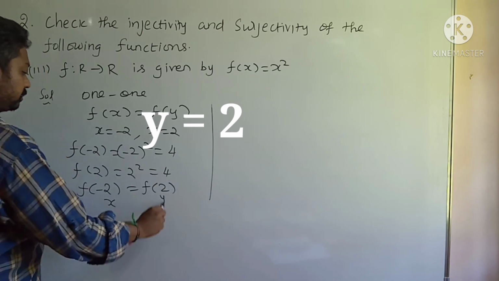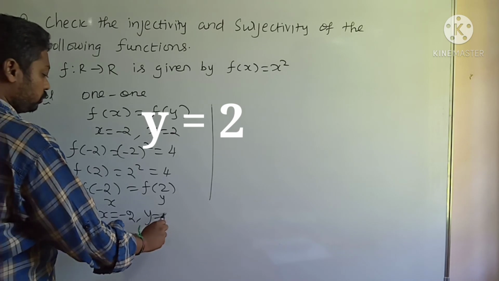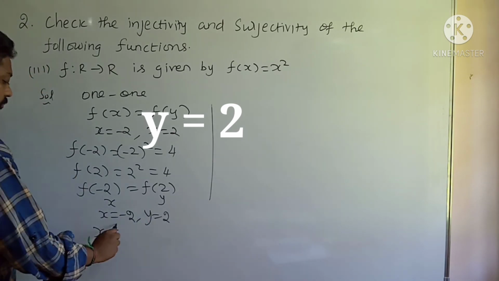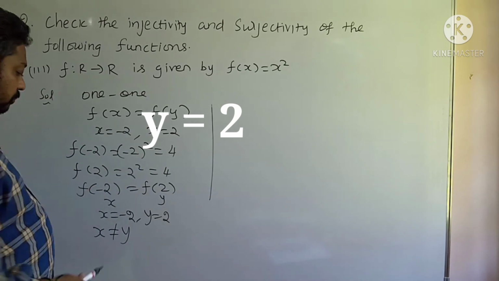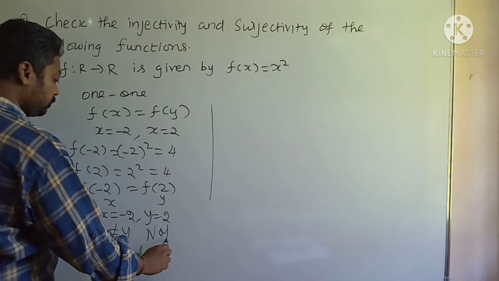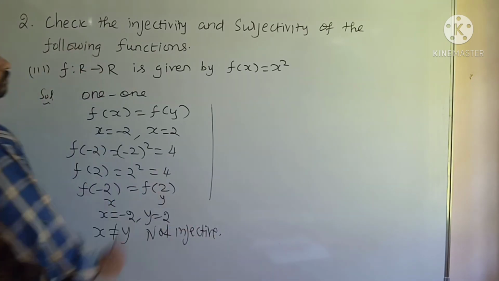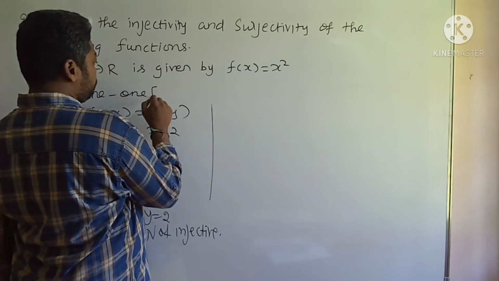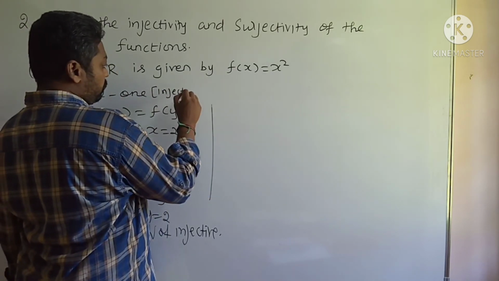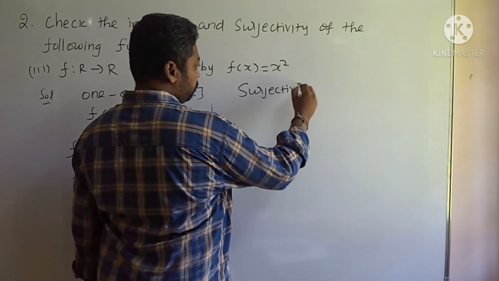Both give the same value, that is f of minus 2 equals f of 2. So x equals minus 2, y equals 2, but x is not equal to y, even though f of minus 2 equals f of 2. So this is not injective. Now checking for surjective.